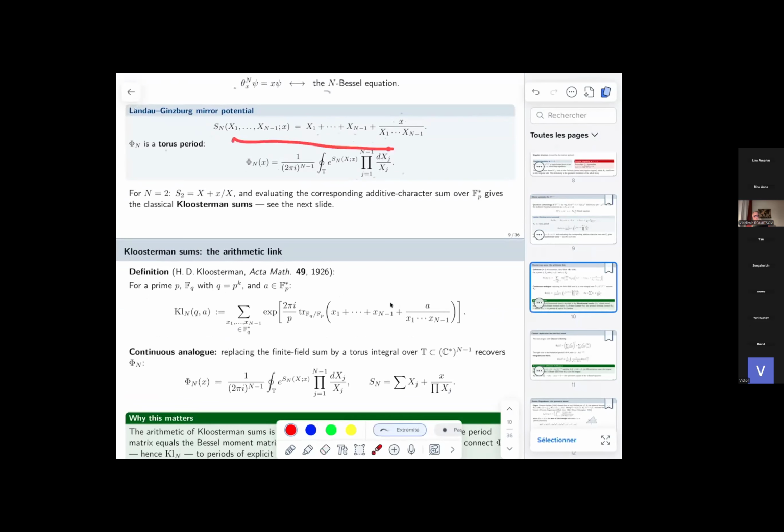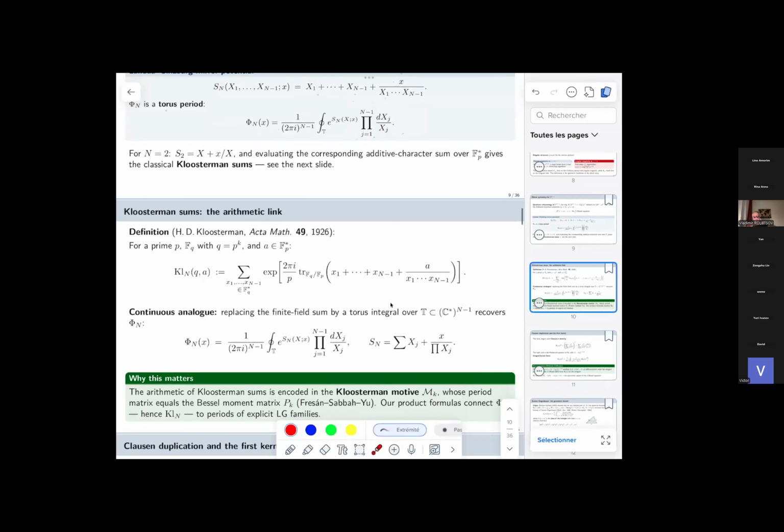So you see this Landau-Ginzburg potential, and you have exactly similar Landau-Ginzburg type polynomial and exponential in Kloosterman's classical paper of 26. And the properties of these Kloosterman sums are very similar in some sense to the properties of these n-Bessel solutions. That's why it is interesting.